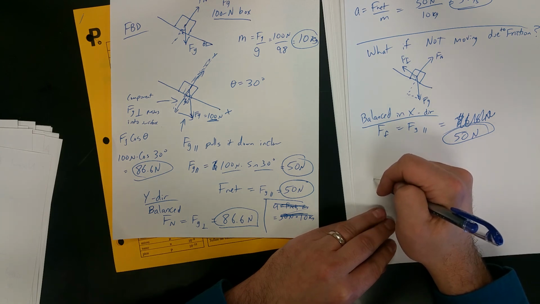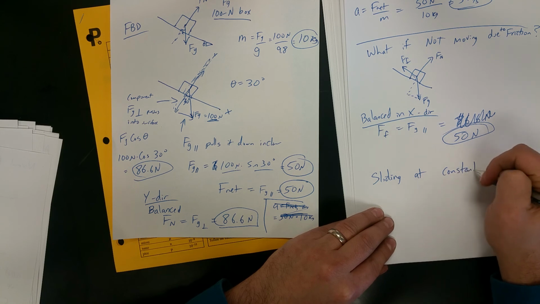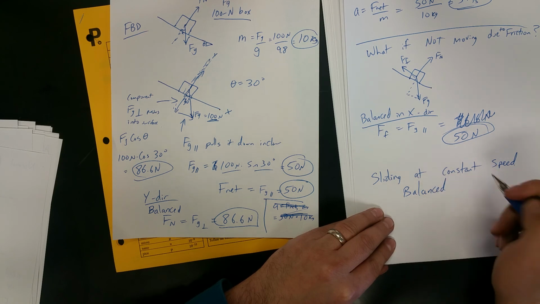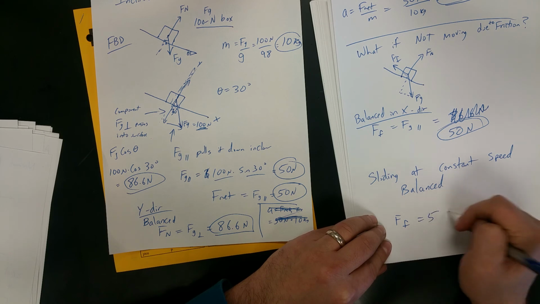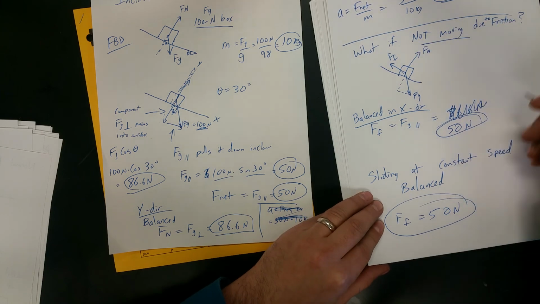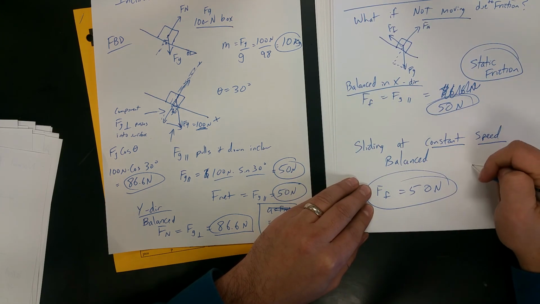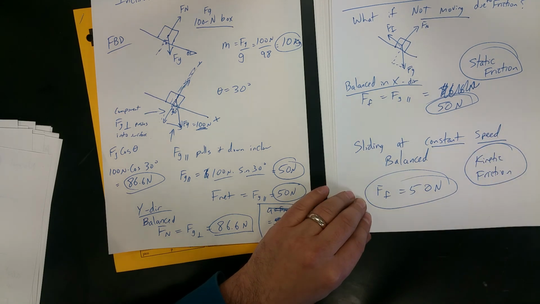What if it's sliding at a constant speed? Again, it's still balanced. So your free body diagram looks exactly the same, and your force of friction is still 50 newtons. So you might ask yourself, what's the difference? Well, if it's not moving, that means this is static friction. And if it's moving at a constant speed, it's moving, so now you have kinetic friction. Two different kinds of friction.